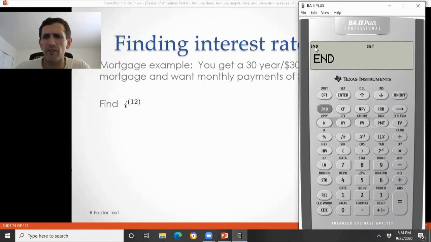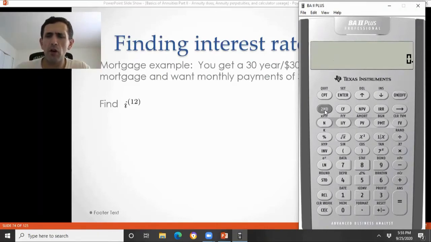And you'll see a second there, if you're wondering whether you hit the button with enough force or hit it twice. So go to quit. And you'll see BGN is gone, and now we're in the default mode.